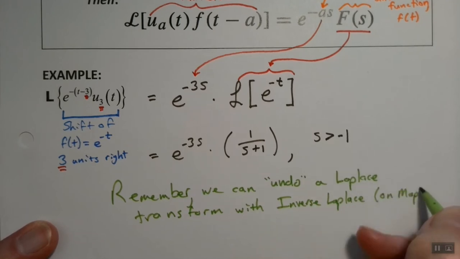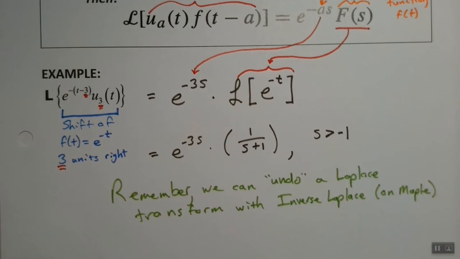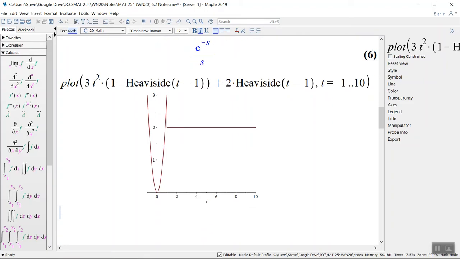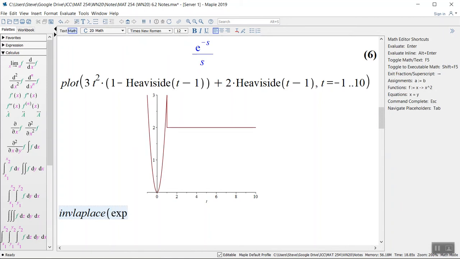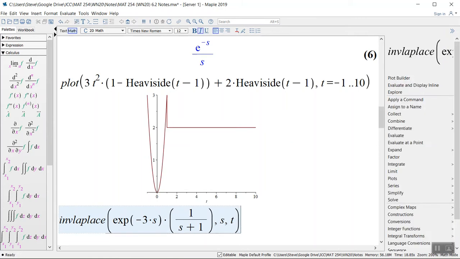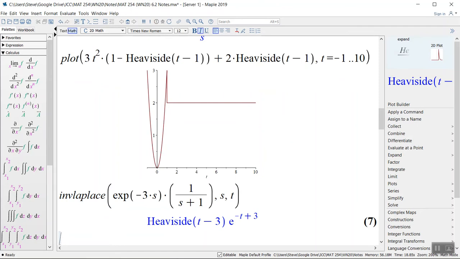So we can always double check ourselves before we wreck ourselves. If I go back and ask Maple for an inverse Laplace of e to the minus 3 times s, times 1 over s plus 1, converting from s back into a function of t, Maple says that is Heaviside t minus 3 times e to the negative t plus 3.